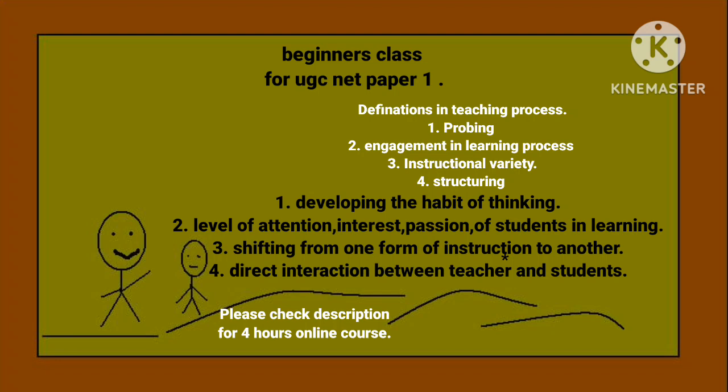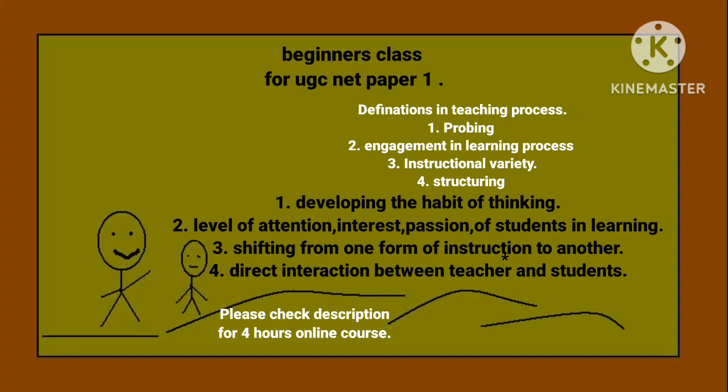When a student is interested, or he is passionate, and you see the level of it, then you say that he is engaged in the learning process. If he doesn't have the interest or passion, then you say he is not engaging in the learning process. So it is the level of the interest and the passion of students in getting involved in the learning process.